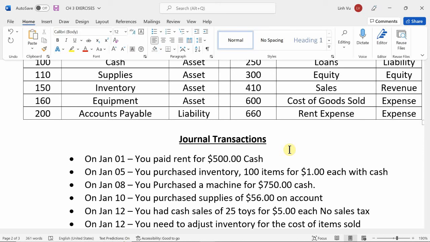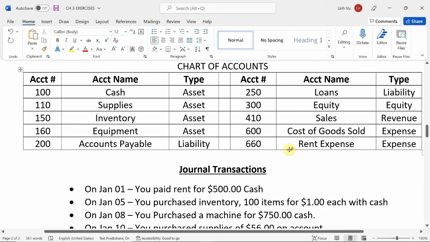Step 3, determine which accounts are affected. Well, you used cash to pay, and you spent money on rent. Now step 4 says determine if the accounts are on your chart of accounts. So, do I have a cash account on my chart of accounts?